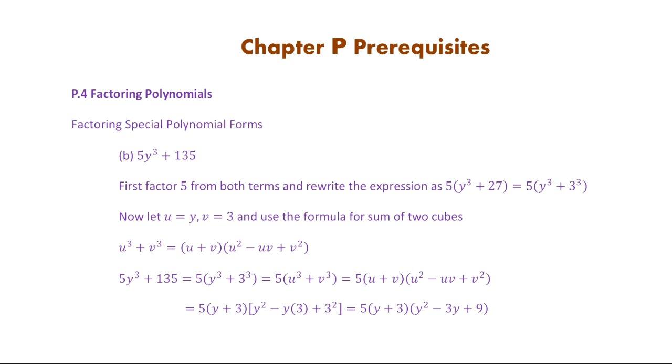And then plug in y for u and 3 for v. So we're going to get 5 times y plus 3 times y squared minus y times 3 plus 3 squared. And 3 squared is 9. So at the end, you're going to get 5 times y plus 3 times y squared minus 3y plus 9.